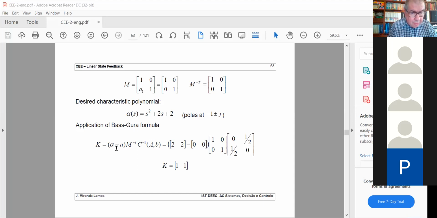So I have alpha minus a, this is the formula: 2, 2 are the coefficients of alpha, minus 0, 0, the coefficients of a, times M minus 1 transposed, which is the identity, times the controllability matrix inverse, which was this one. If you do all these computations, you get K equal to 1, 1, by magic.